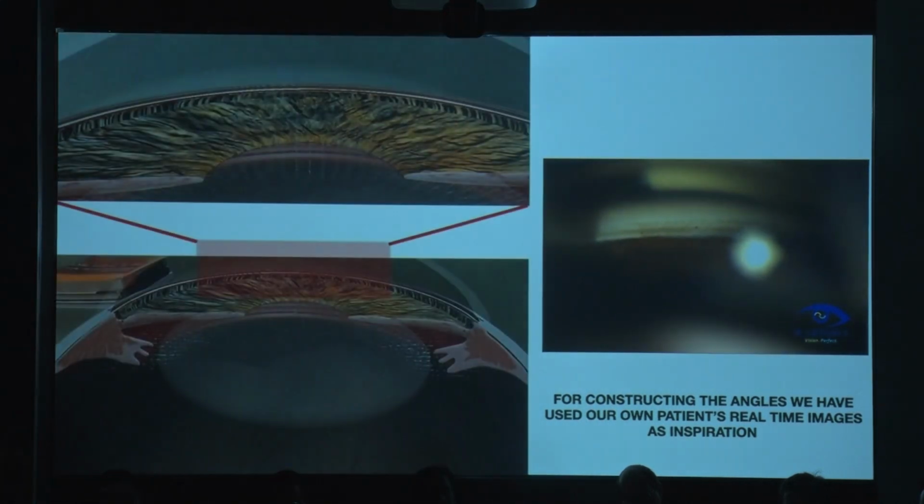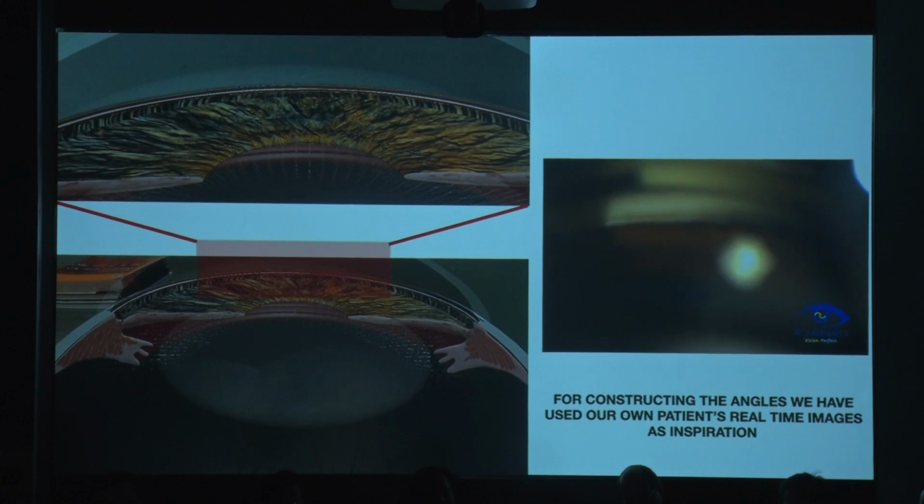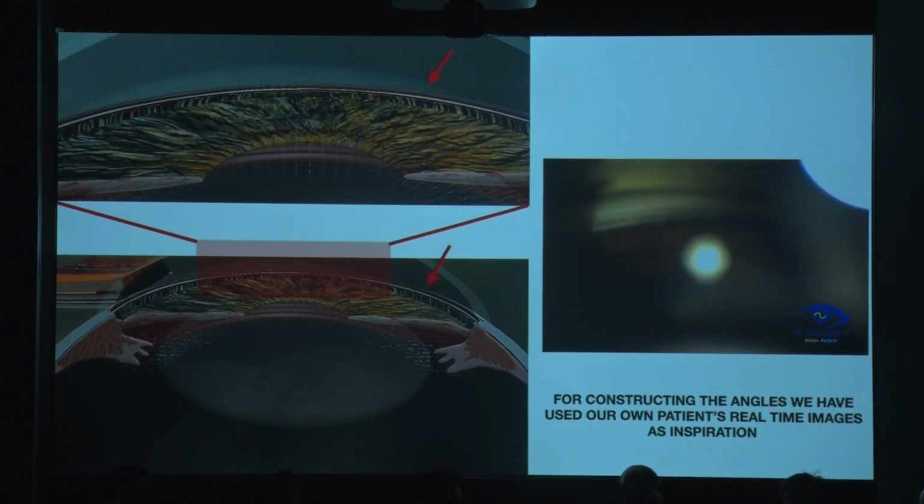For constructing the angles of the anterior chamber, we have used our patient's own real-time images as an inspiration for powerful deep teaching. All the 5 angle structures have been constructed in the AR model from the root of the iris posteriorly to the Schwalbe's line anteriorly.